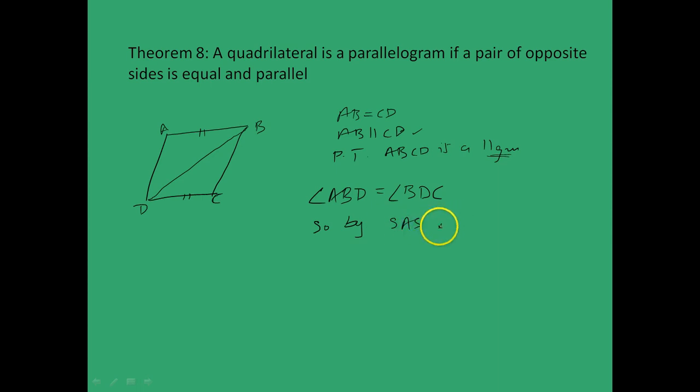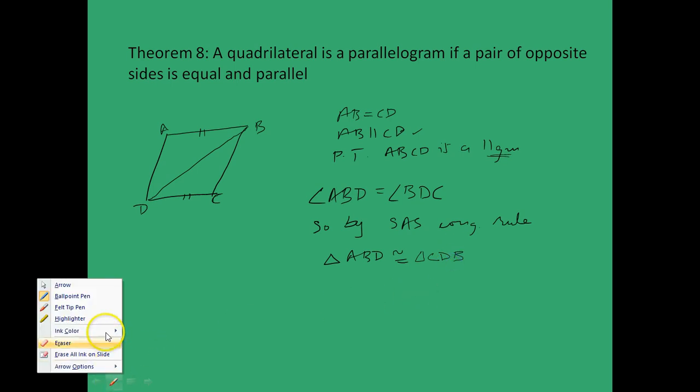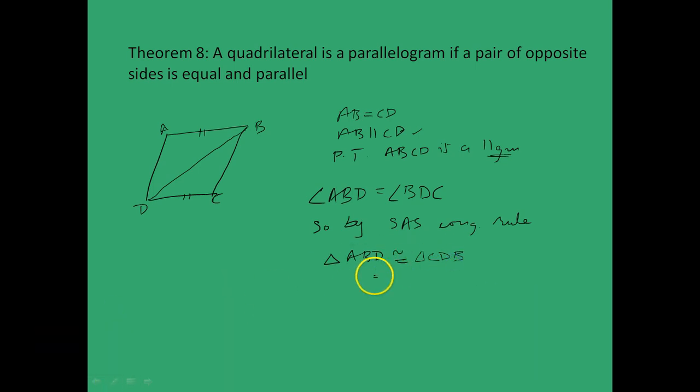And so by the SAS congruence rule, we have triangle ABD being congruent to triangle CDB, and hence from this we can see by CPCT that BC is equal to AD.